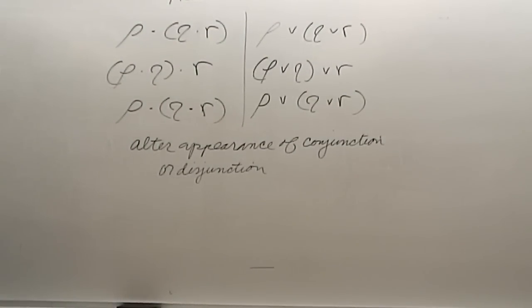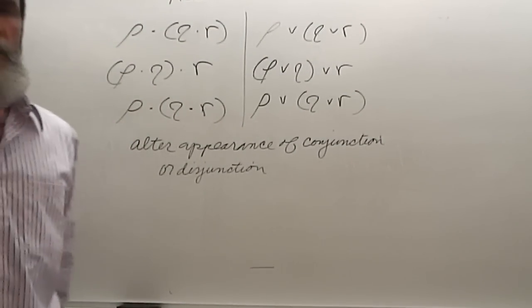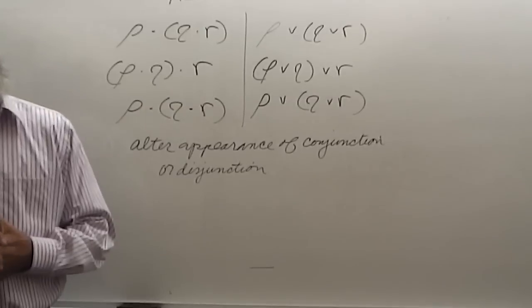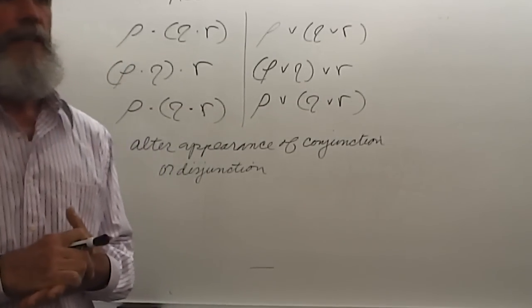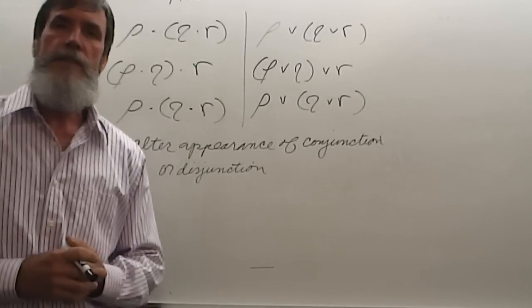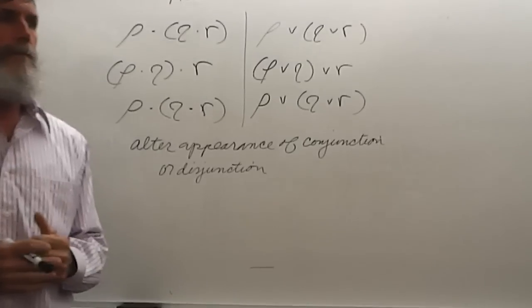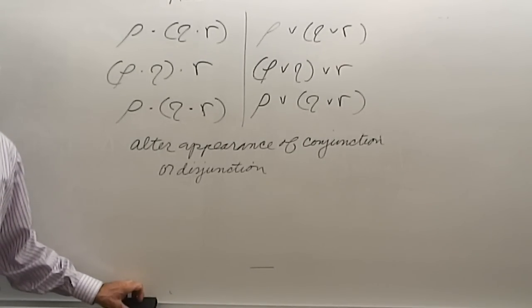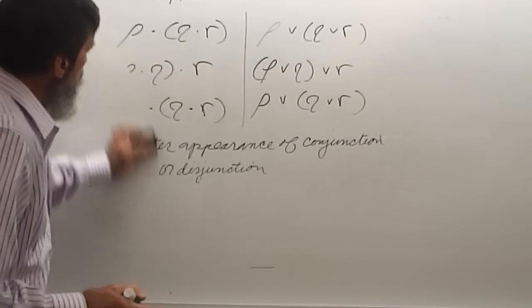We're altering the appearance of our conjunction or disjunction so we can get the sort of dot or wedge we want, typically, not always, typically for simplification or disjunctive syllogism. See, we're altering their appearances to get what we want for that first premise. Okay, done with that? Questions?